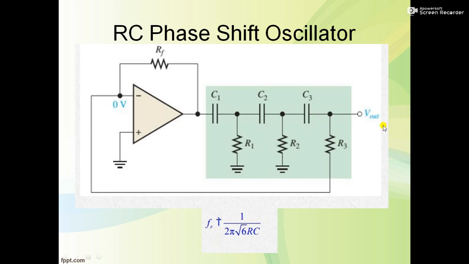If you want to calculate how much frequency is generated, we should know the R and C design values. If you put the R and C values, we automatically get the frequency generated. The frequency of oscillation is calculated by F is equal to 1 upon 2 pi root 6 into RC.